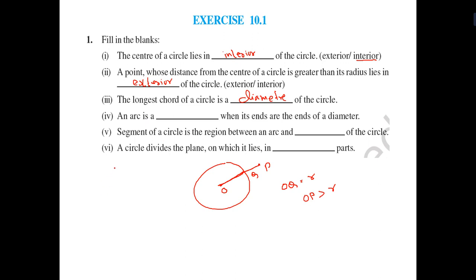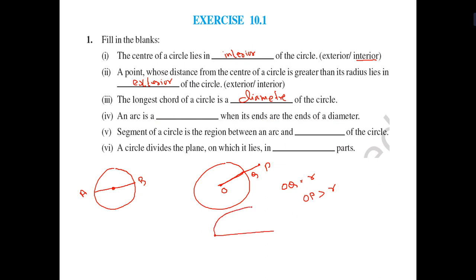The longest chord of a circle: if we draw one circle and pass a chord through the center, then the longest chord of a circle is called the diameter.